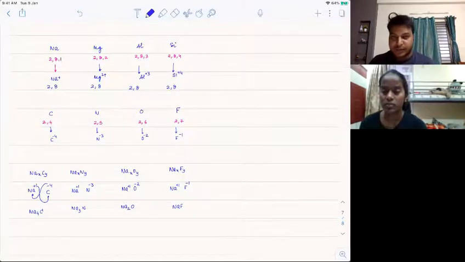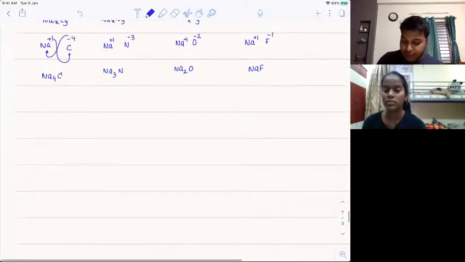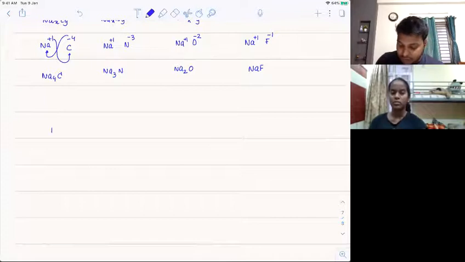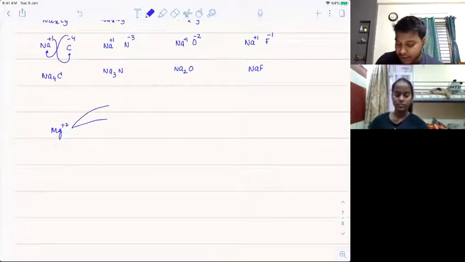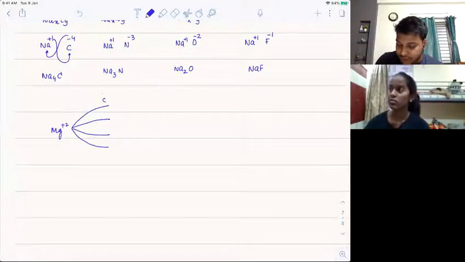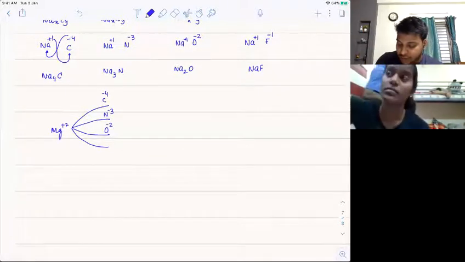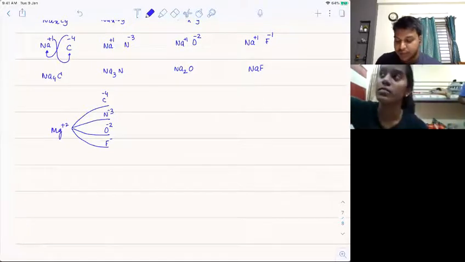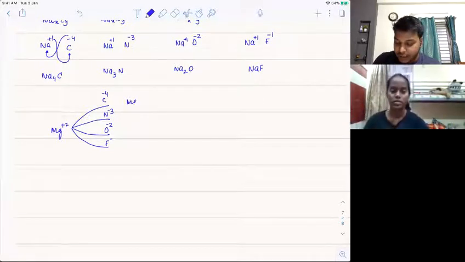Like this, we can do it with magnesium, aluminium, silicon. Let us see what compounds I can get. If we do it with magnesium, magnesium is always going to be plus 2. So if I combine that with any of these four, that is C minus 4, N minus 3, O minus 2, and F minus 1, what do I get here?